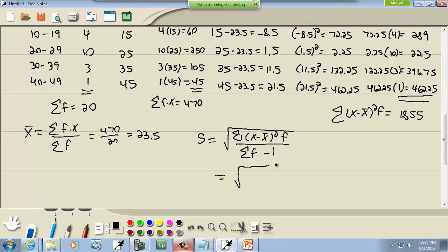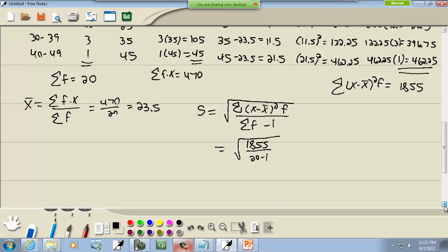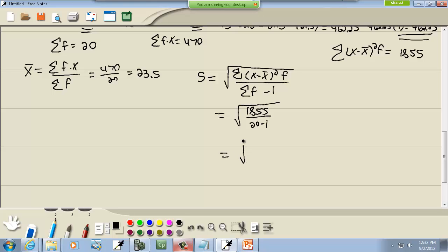Okay, so that gives us the square root of 1855 over 20 minus 1. Probably better to do a little bit of simplifying before you plug it in your calculator. 20 minus 1 is 19.